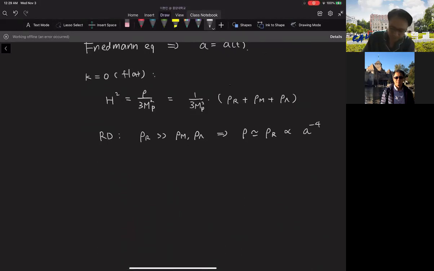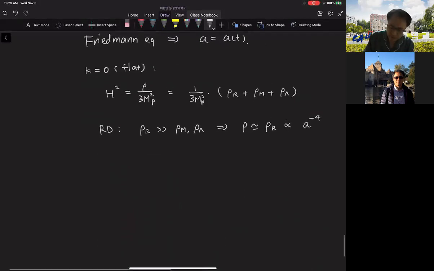Therefore, in this case, we can use this scale factor dependence in order to solve the Friedmann equation.